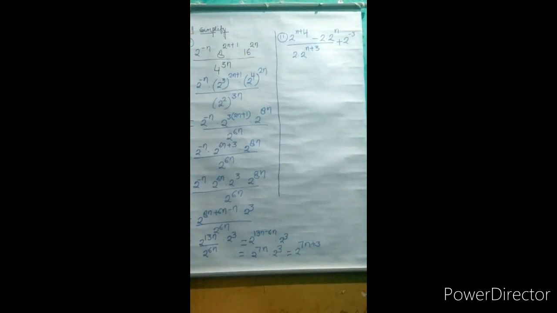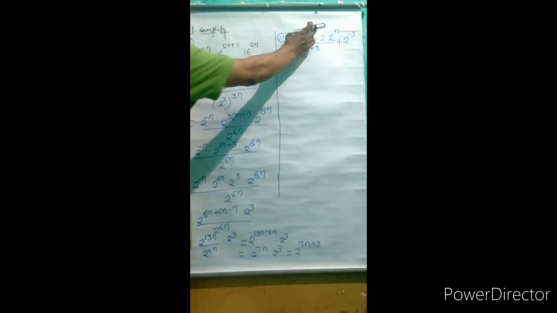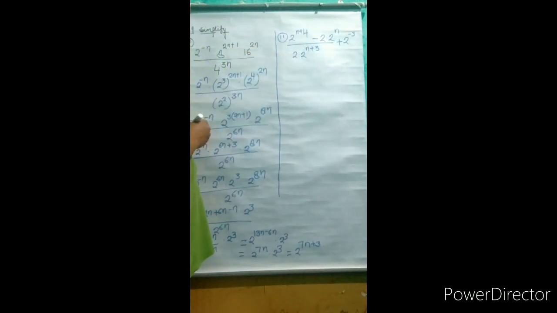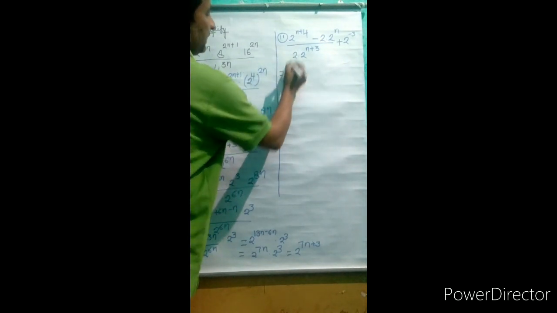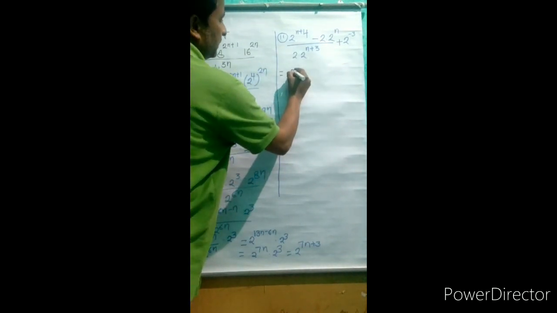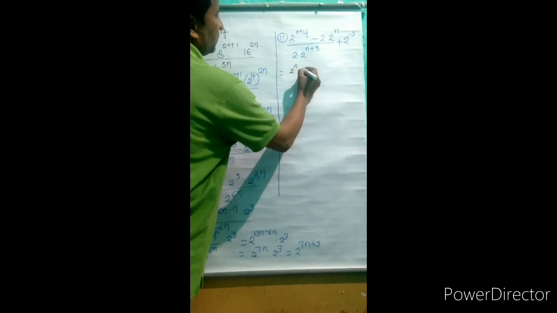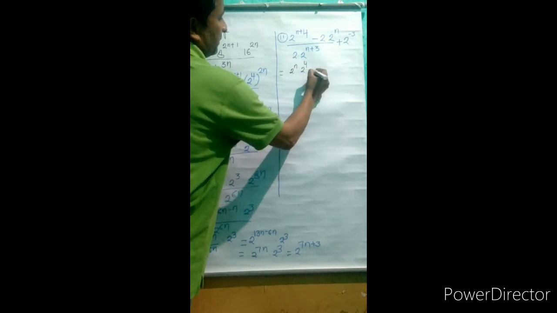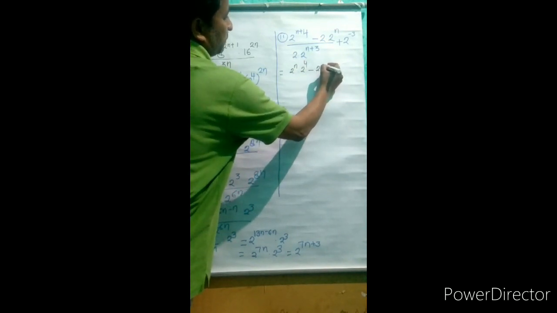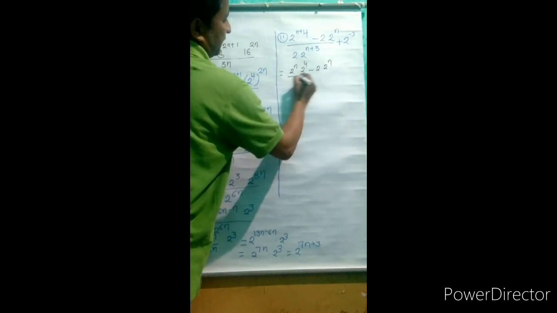Now the second part, we'll break these exponents into factors. So how to do it, you can see here. We can write 2 raised to power n into 2 raised to power 4 minus 2 into 2 raised to power n.